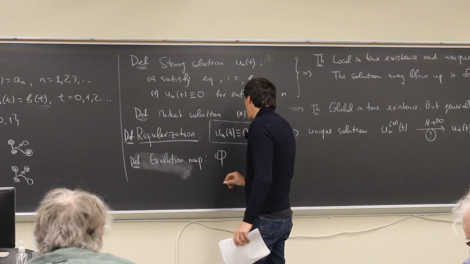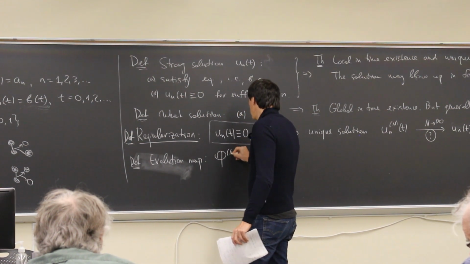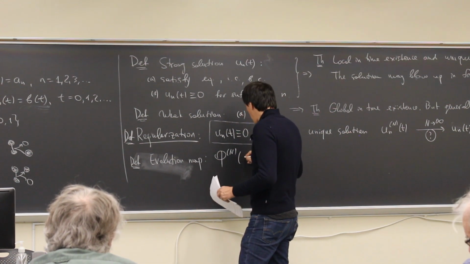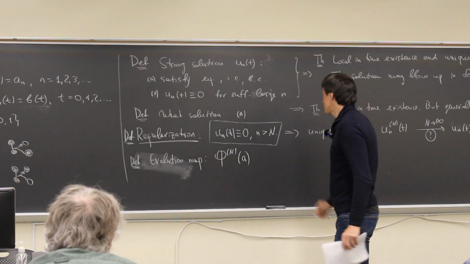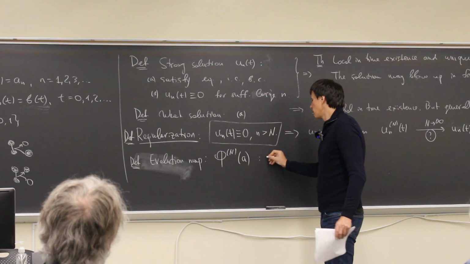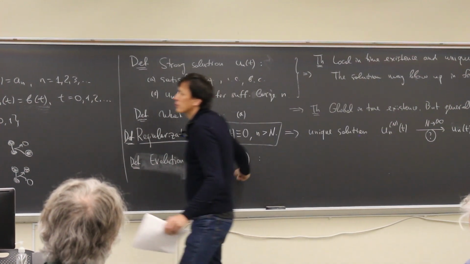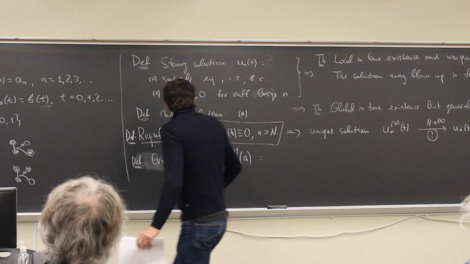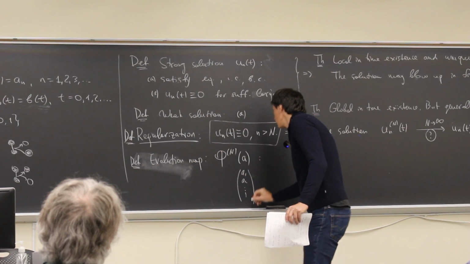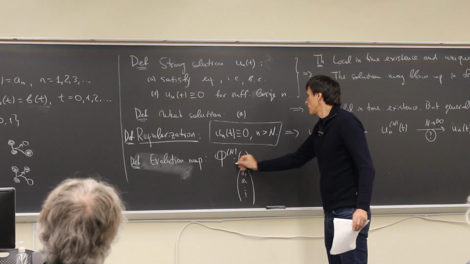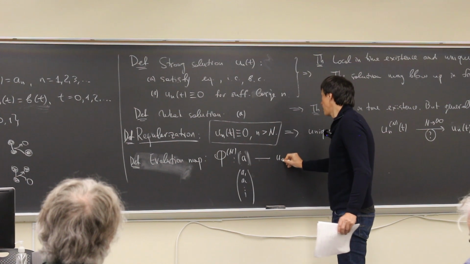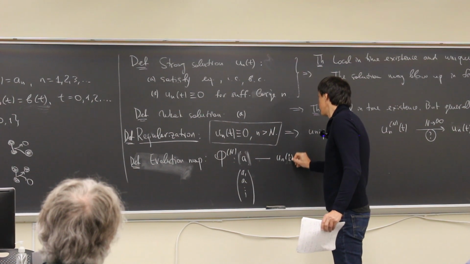We call it phi n of A. So what it is, it maps A, which is an initial condition. Remember that I said A is our initial condition. So it maps A1, A2, and so on to the UN at time 1/2.